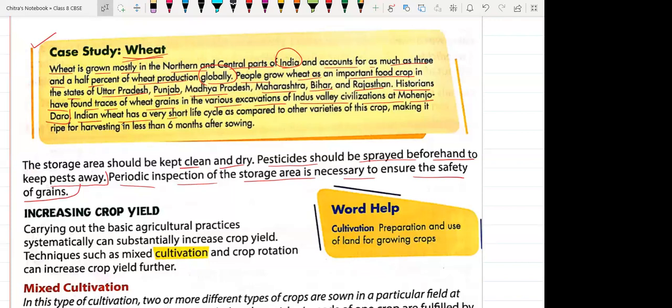Indian wheat has a very short life cycle compared to other varieties of the crop, ripening for harvesting in less than 6 months after sowing, so it takes very little time to get the crop ready for harvesting.